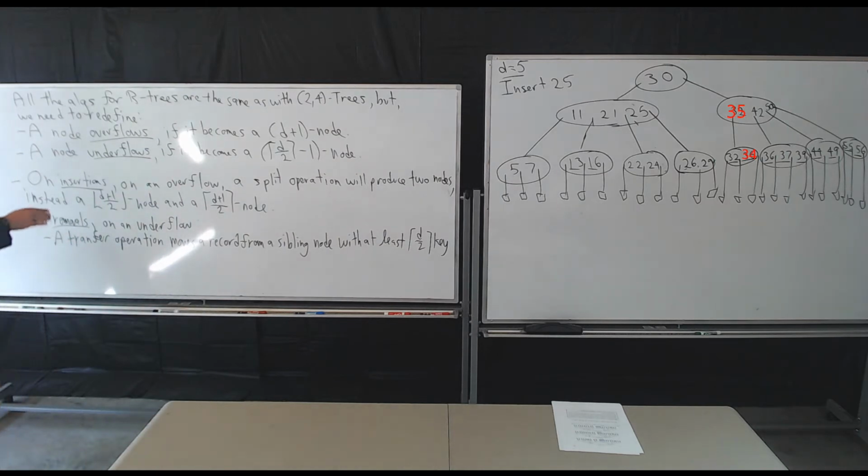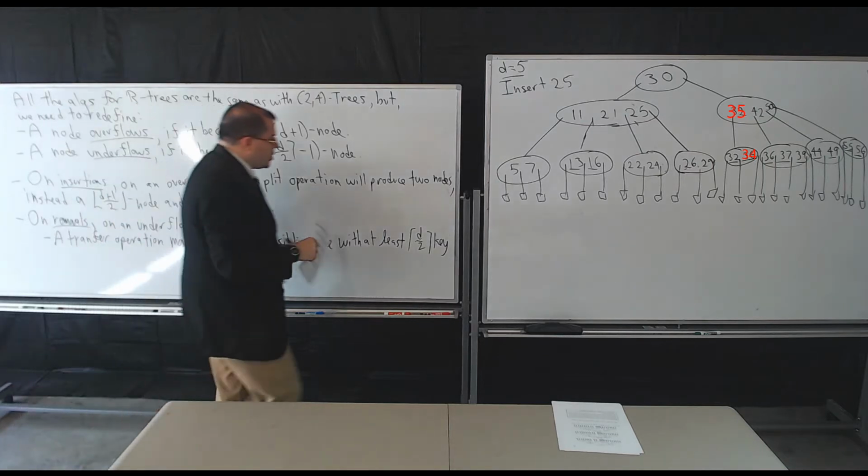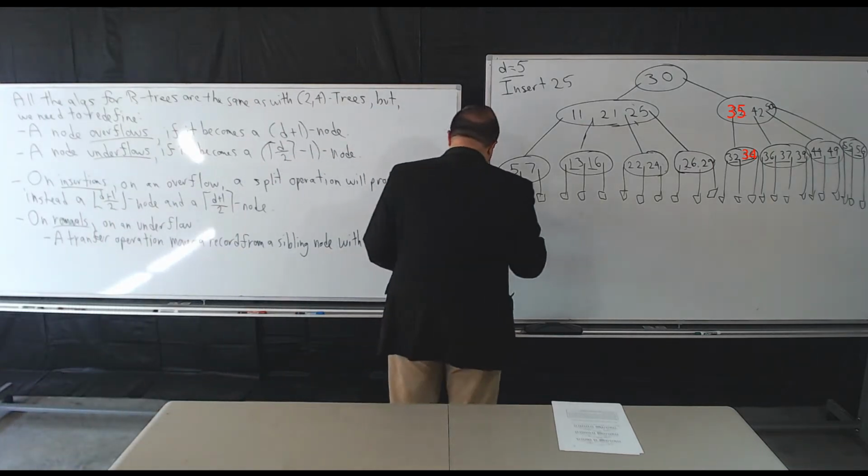So when I move over that key from the sibling, this will not cause an underflow at the sibling.